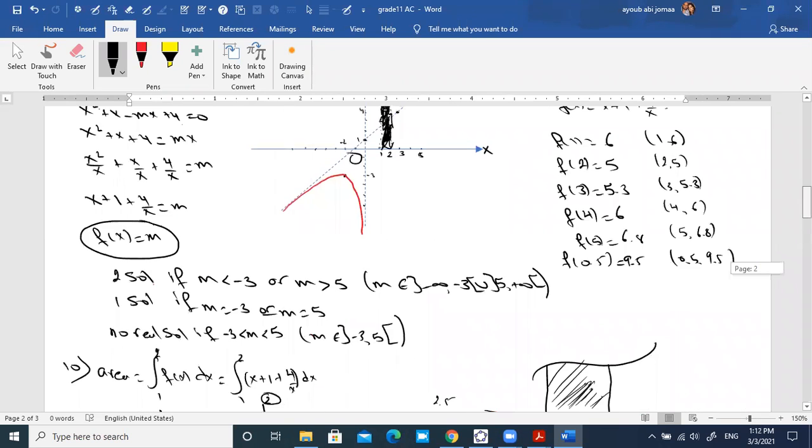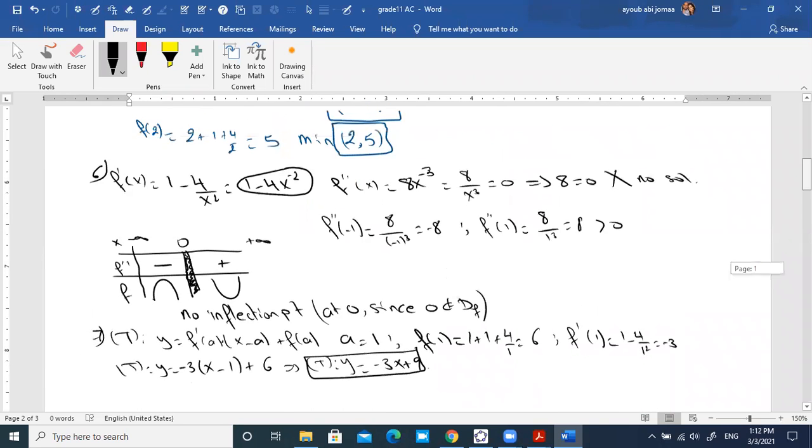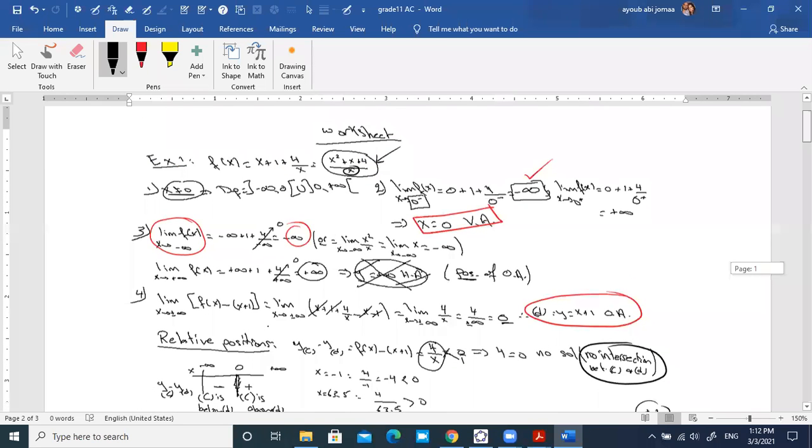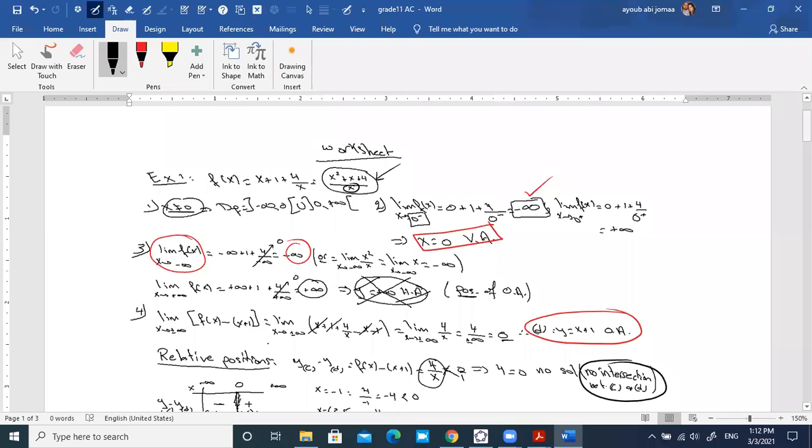For example, here the domain is negative infinity to 0 union 0 to infinity. 0 is not in the domain, so here you find the limit as x approaches 0 minus and the limit as x approaches 0 plus.